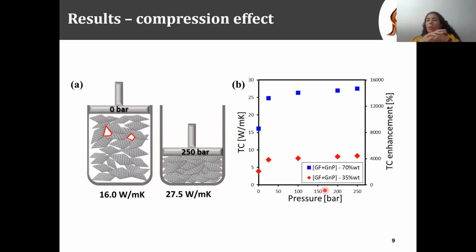In the beginning, we took the filler and the matrix together, mixing them with our special technique using the Thinky shear mixer. After we ensured that the fillers are homogeneously dispersed in the matrix, we went directly to the hydraulic press at room temperature, and we pressed it under different pressures from 25 to 250.